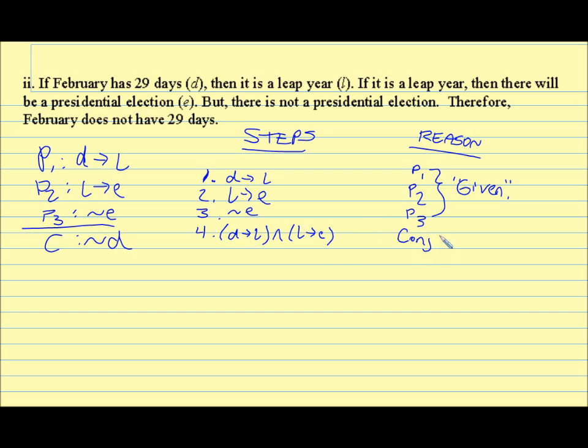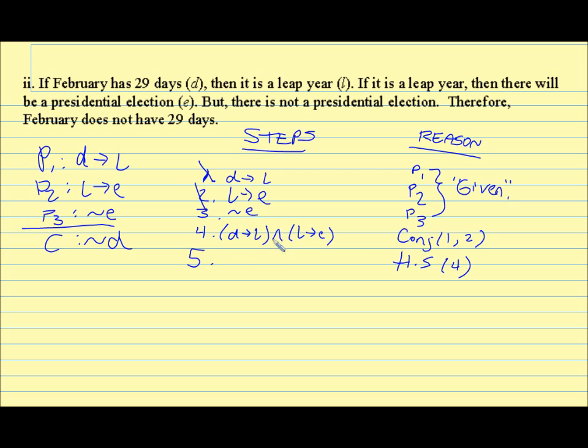We need this step in between to state, very specifically, that we're taking a conjunction of statements 1 and 2. We've pretty much combined that knowledge into one statement. You can cross out statements 1 and 2 because we're not going to use those anymore. We're going to use statement 4 instead.